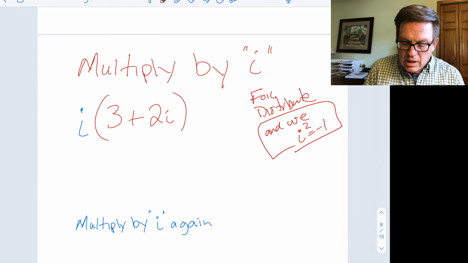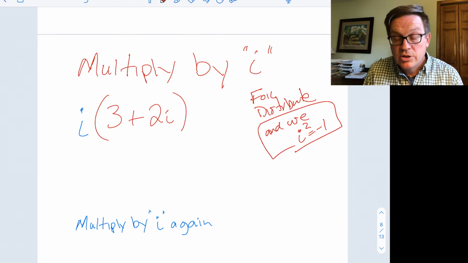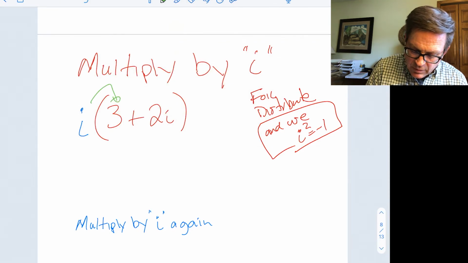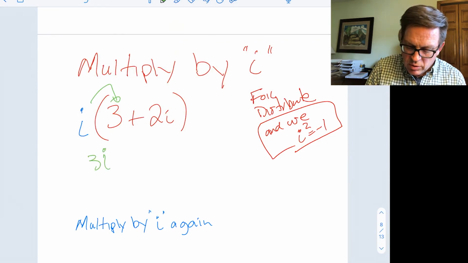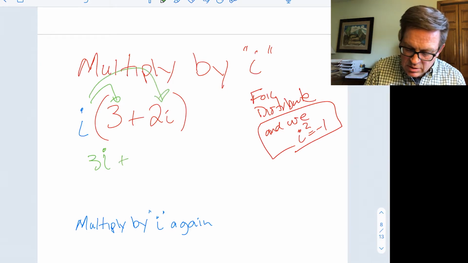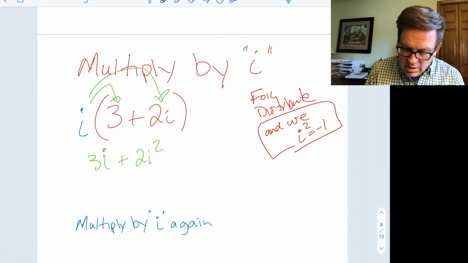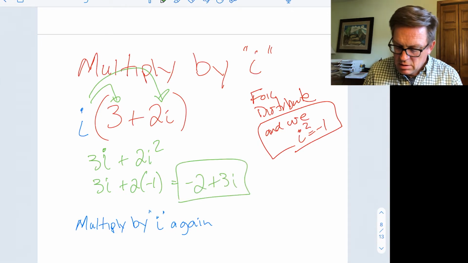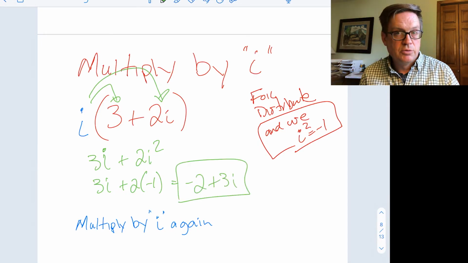So i times 3 plus 2i becomes i times 3, 3i. You write it with the i at the back, and i times that is plus 2i squared, but that's 3i plus 2 times negative 1, which is minus 2 plus 3i. Okay, minus 2 plus 3i.